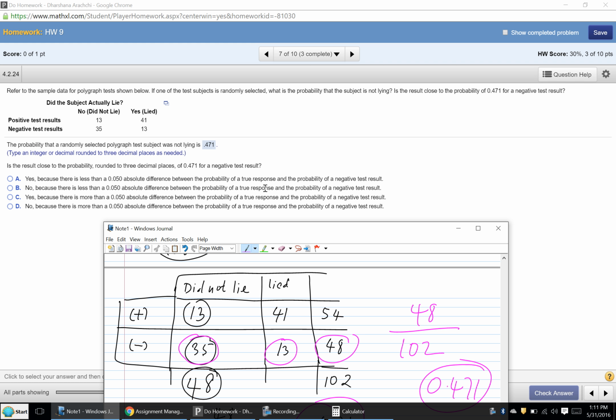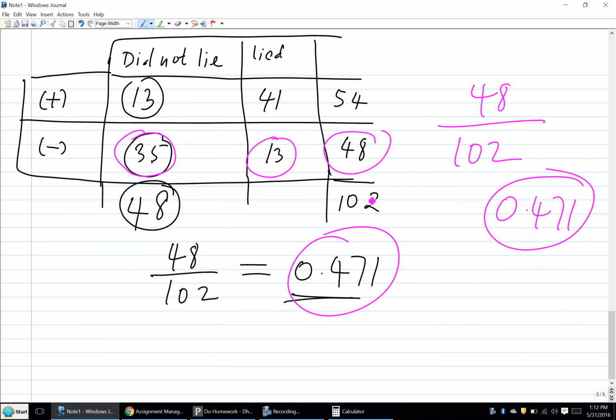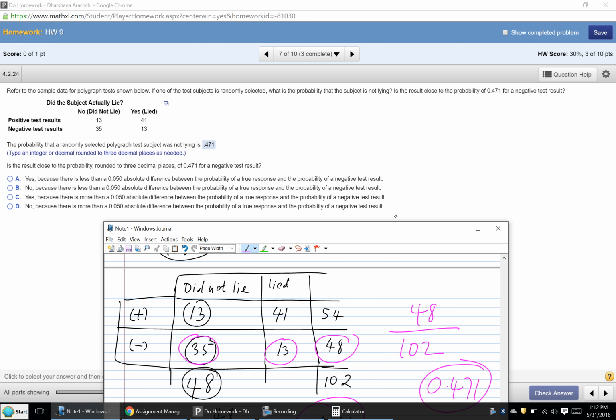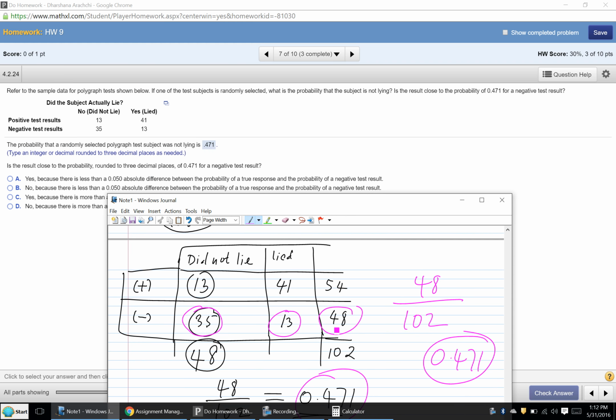The probability of true response is also 0.471, right? True response means that they were not lying. And the probability of negative test result is also 0.471, right? This is the negative result, so it's 48 over 102, again 0.471.